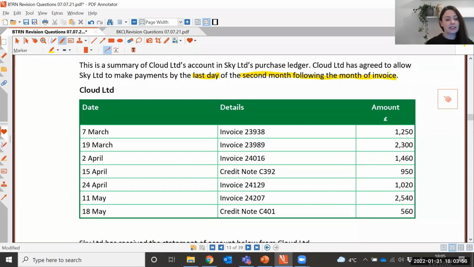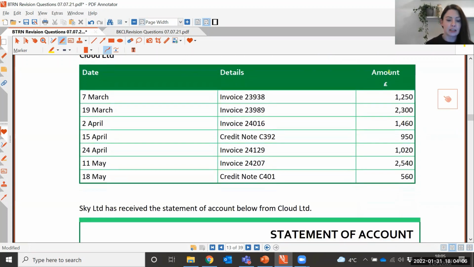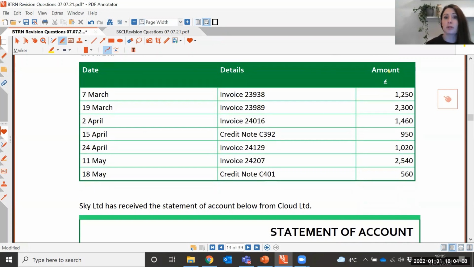And then, as you can see, we've got details of the transactions within Cloud Limited's account. So we've got some invoices and credit notes here. And just remember, invoices are for goods in which we've purchased, and then credit notes are for goods in which we've returned to the supplier.